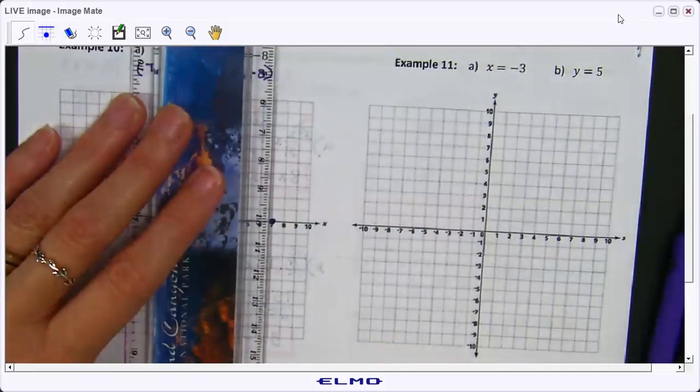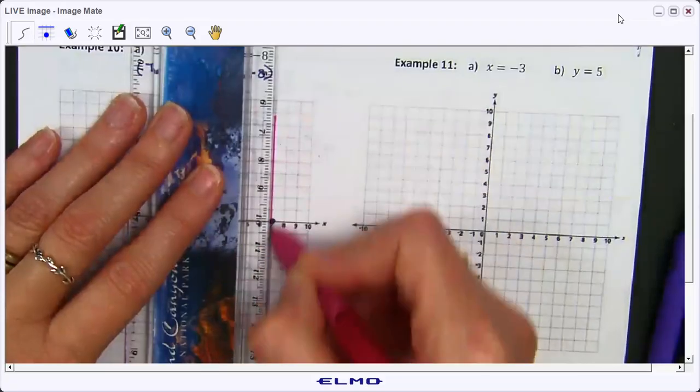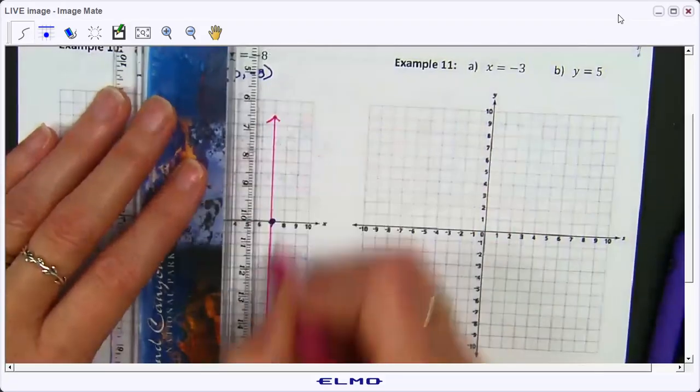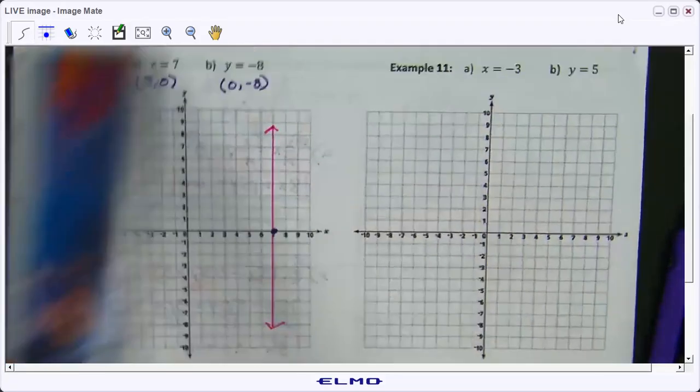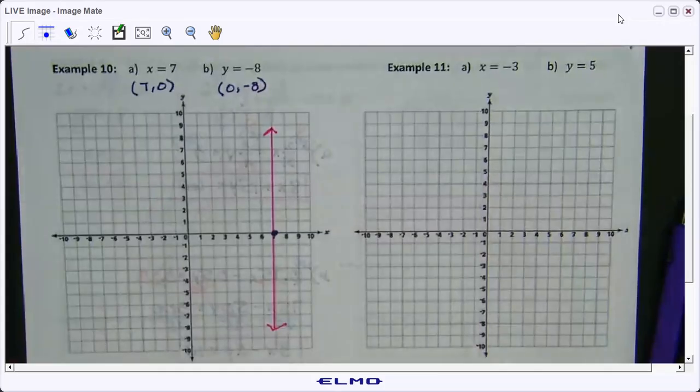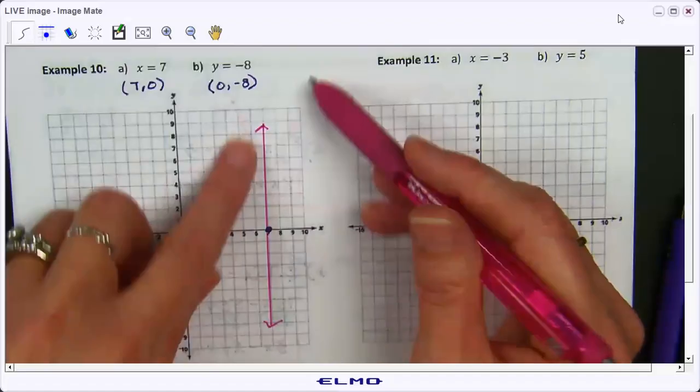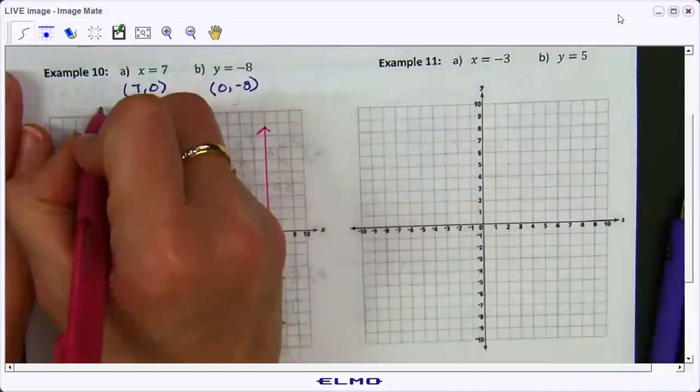Whenever you get an equation that says x equals that number, you plot a point on the x-axis at that number and you draw a line. What is this slope right here? Yes, this is undefined.